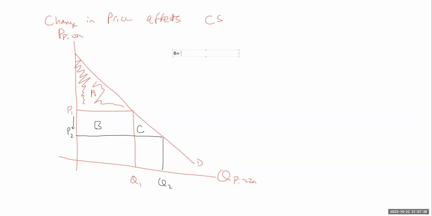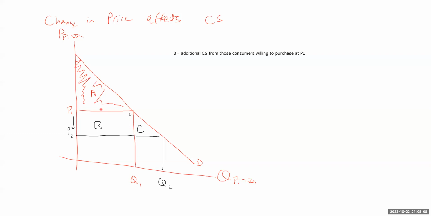B is the additional consumer surplus from those consumers willing to purchase at P1. Okay. B, certain customers were more than happy to pay this higher price and buy Q1 amounts.